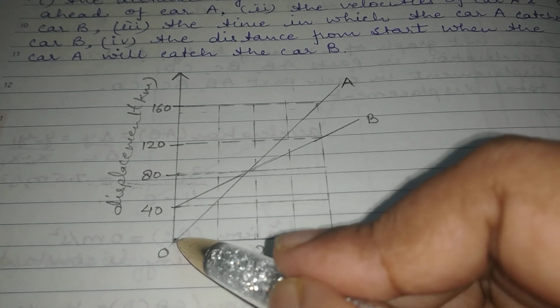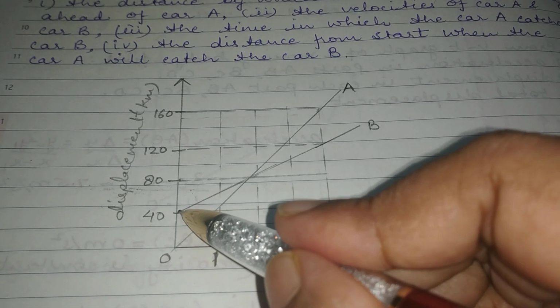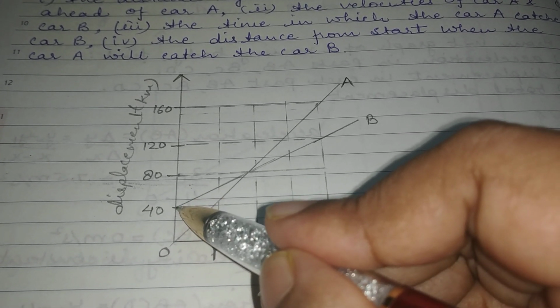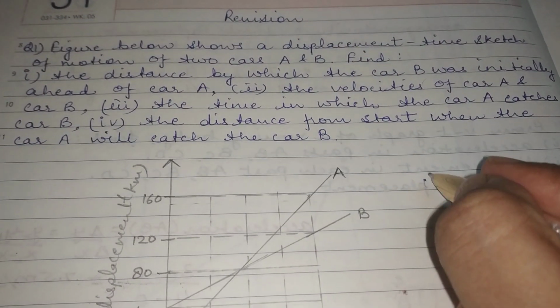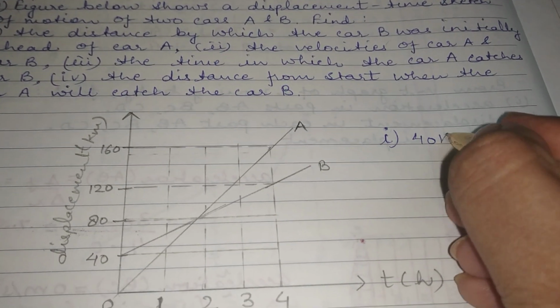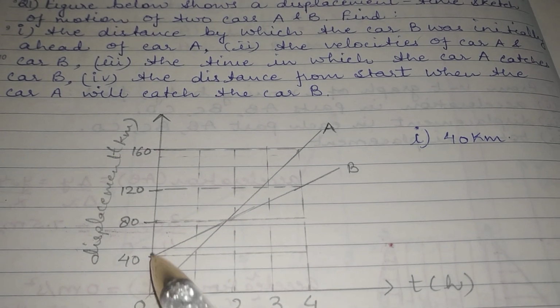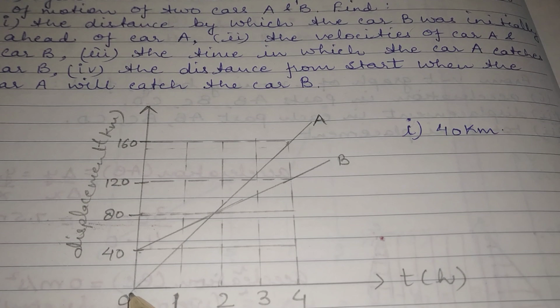That means the car A was initially at rest. And car B is initially at a displacement of 40 kilometers. This means that the answer of part 1 is 40 kilometer. How much is B ahead of A? It is clearly depicted in the graph, which is 40. Okay?